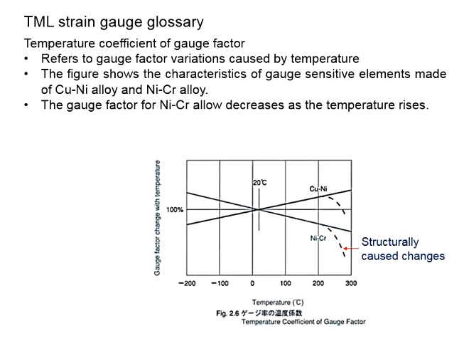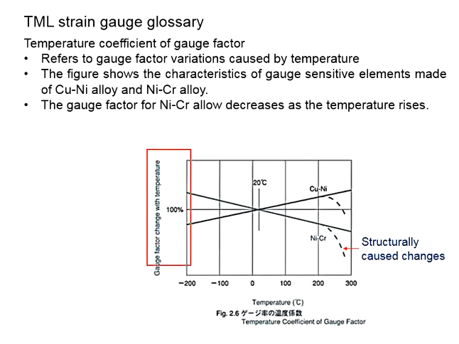For your information, alloy is a material made of two or more metals, or made of a metal and a non-metal. In this case, the sensitive elements of the strain gauge are made of copper and nickel, and chromium. These two types of alloy have different responses under temperature.